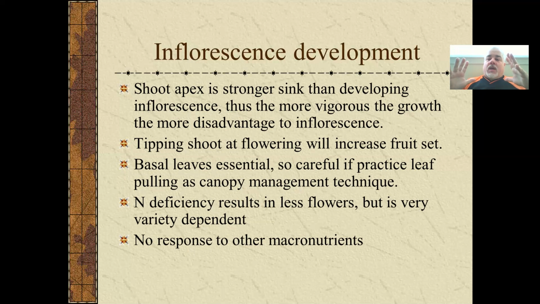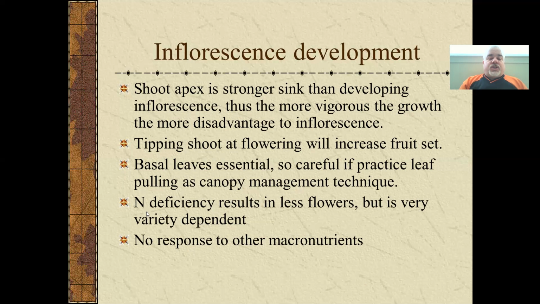And so the basal leaves must be healthy, they must be present. And so you definitely want to be doing canopy management right. If you pull too many of the basal leaves, you're leaving the upper leaves, which are even closer to the tips and a stronger pull away from those inflorescences.